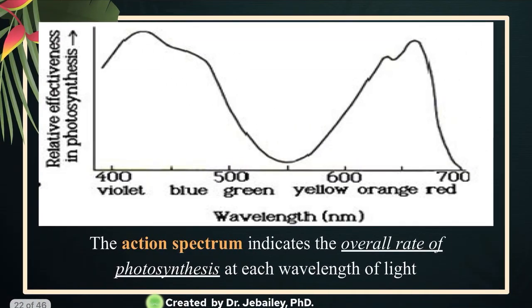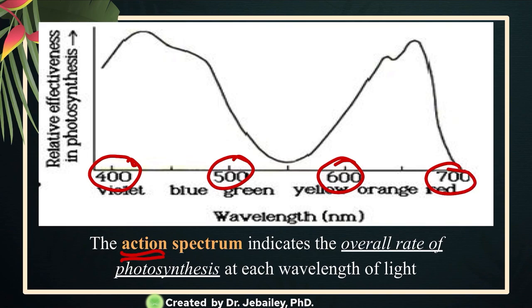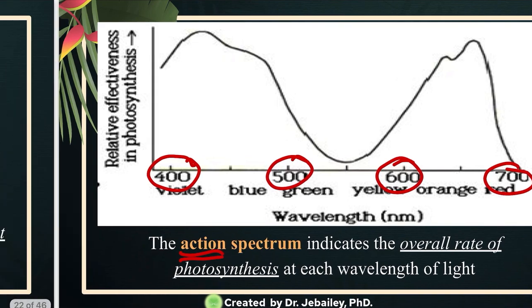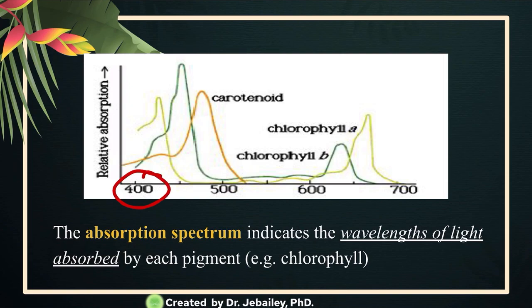On this one right here, it's talking about action. The word action means there's a kind of process going on, and this process right now is photosynthesis. That means how fast is photosynthesis happening? So you have the 400 right here, again the 500, the 600, and 700. If you notice, all of them are the same numbers that we have here, so you put the same thing.